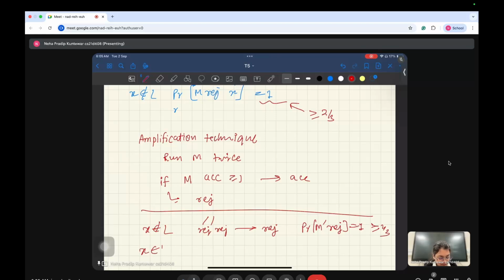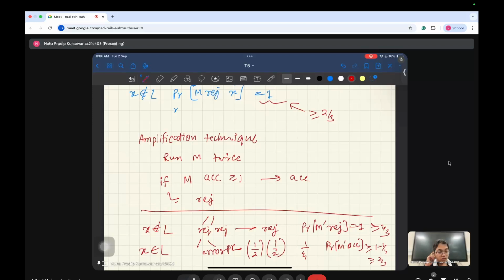But if X is in the language, then we are going to accept if at least one of them accepts. So when do we make an error? When both of them make an error. The first error happens with half probability, the second error happens with half probability. So the error probability is 1/4. So the probability that M prime accepts is at least 1 minus 1/4, which is at least 2/3.